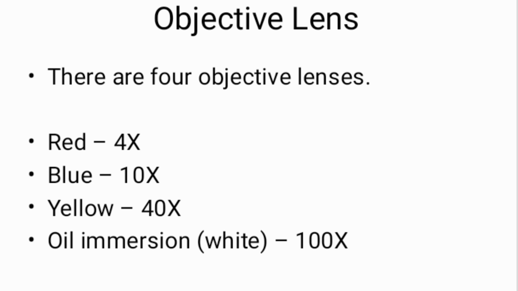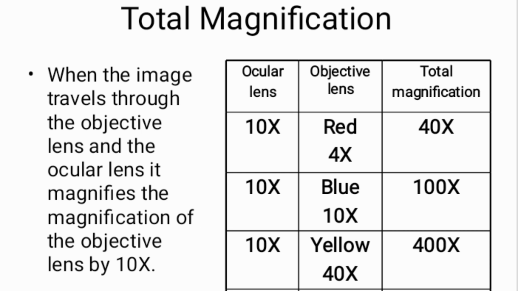All right, so let's look at the total magnification. Please note that the magnification of your image is the product of the ocular lens and the objective lens. The product of the ocular lens and the objective lens is equal to the total magnification.